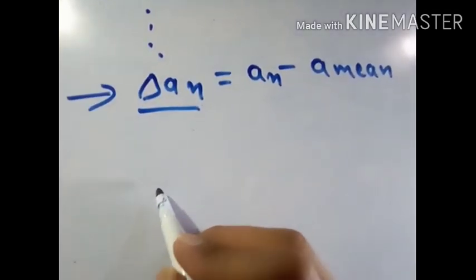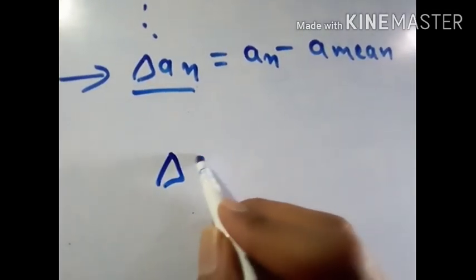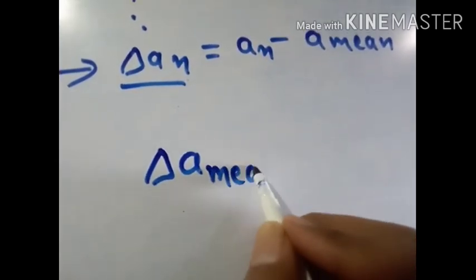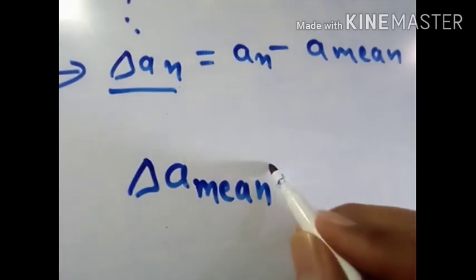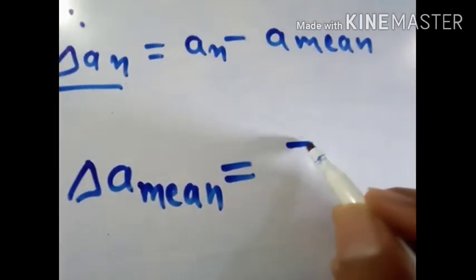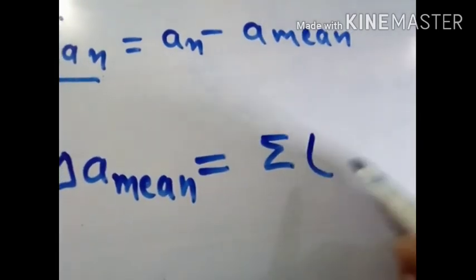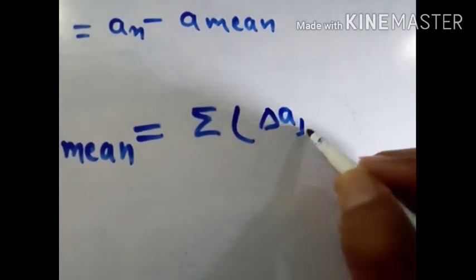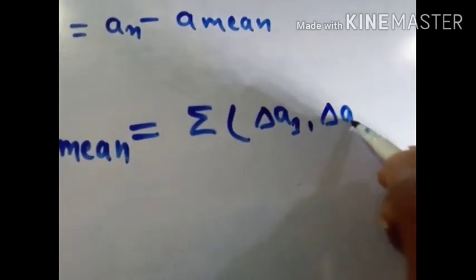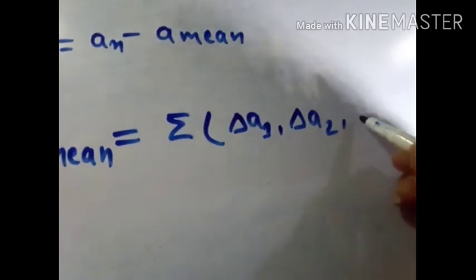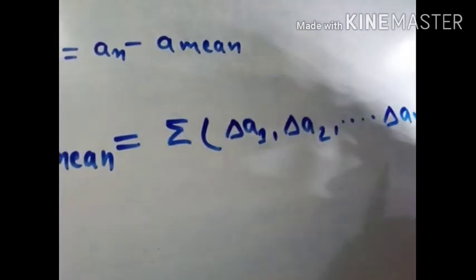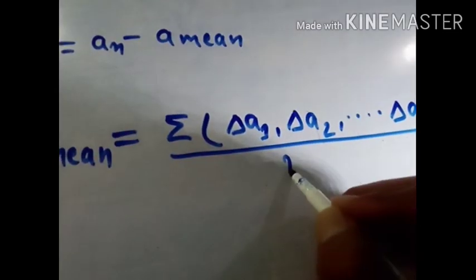So let us calculate the mean. You know the formula of the mean, you will write it as delta a, this represents absolute error, and the subscript mean will represent its mean. It is written as the summation of all the absolute errors, delta a1, delta a2, and this will go up to delta an, and all these values will be divided by n.